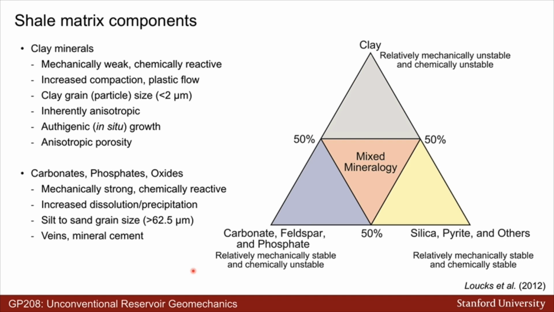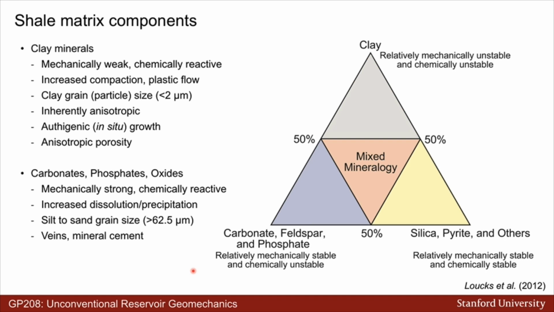The other aspect of clays is they are often authigenic, which means they grow in situ, which means that a lot of the clays we see now in these reservoir rocks actually developed during the heating and burial process during which the rocks were formed. The last component that's important, and this is directly related to the inherent anisotropy of clays, is they often have anisotropic porosity associated with them. And again, when we start looking at some microstructures of the rocks, we'll focus a bit more on that.